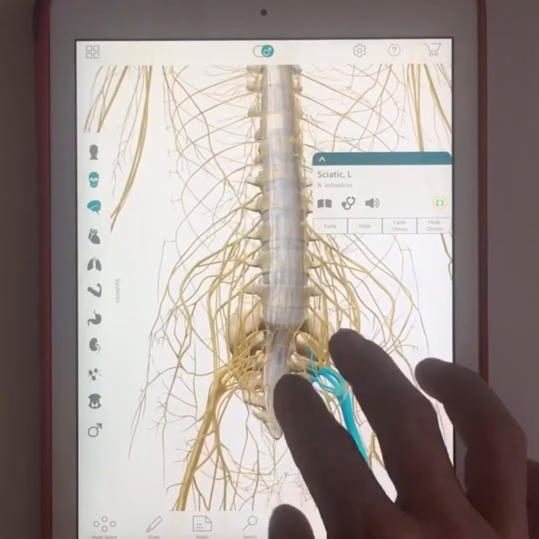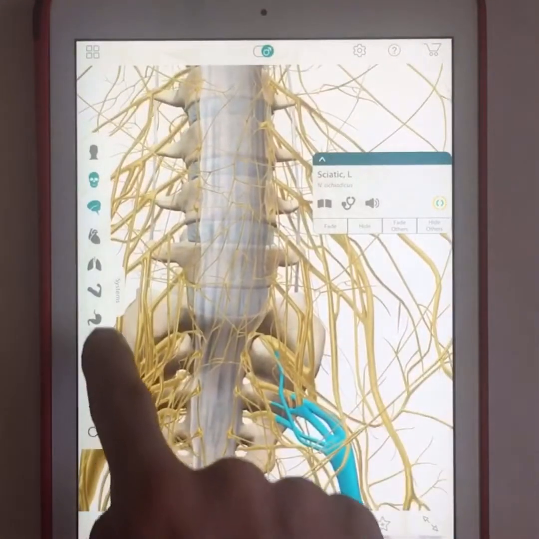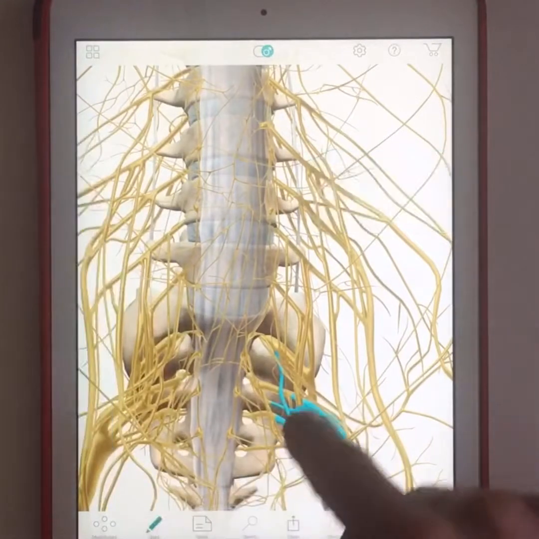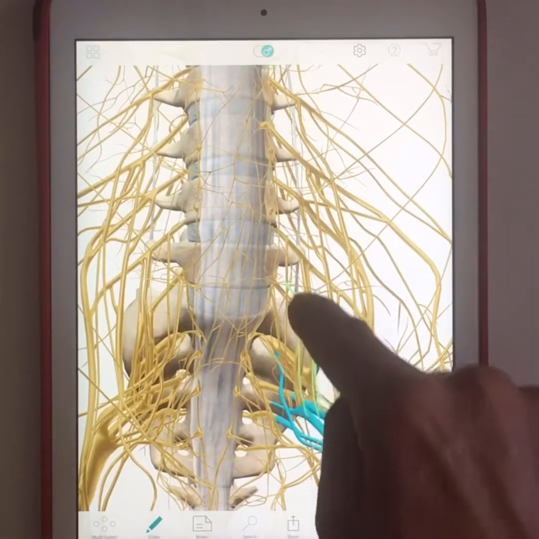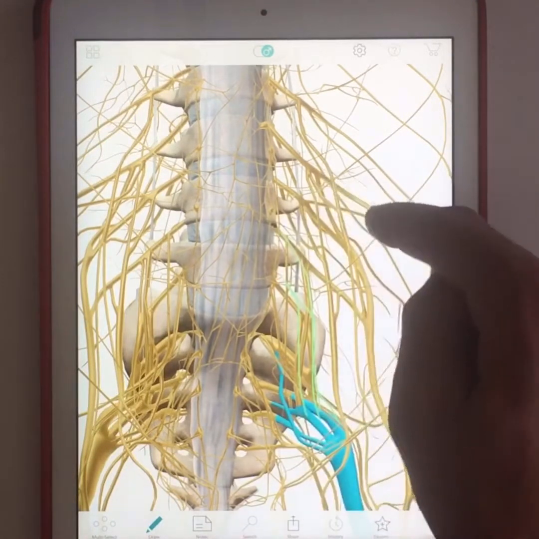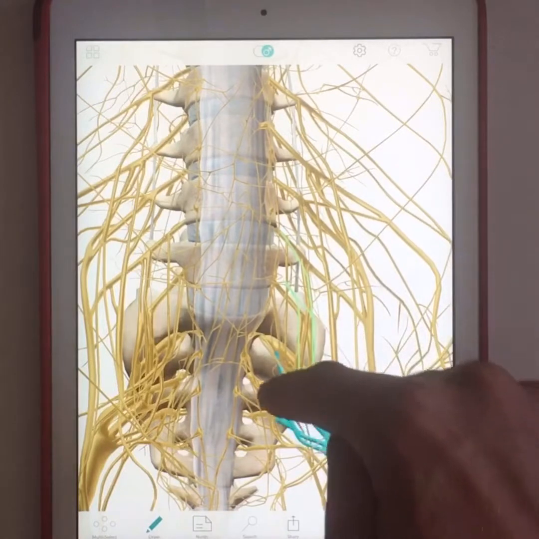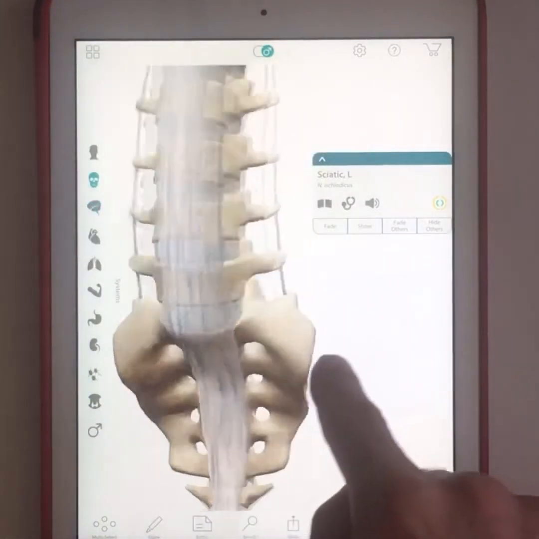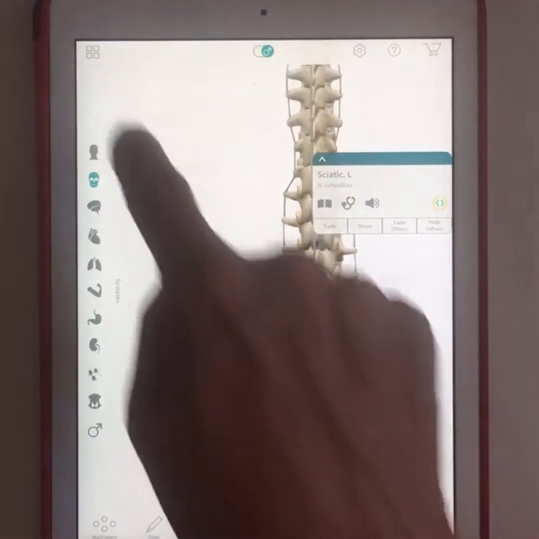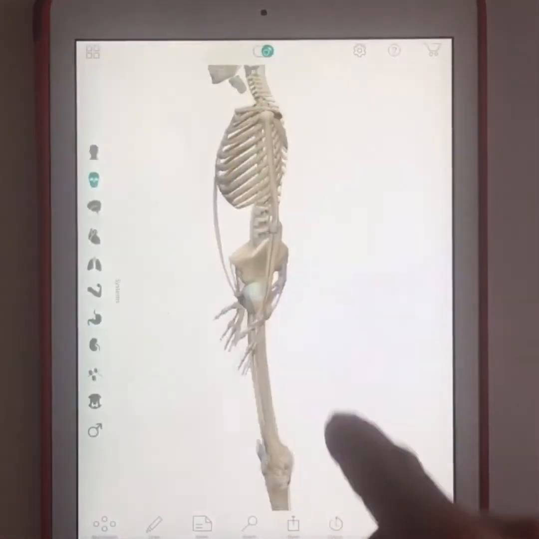We'll go into the front, and you can see the nerve kind of starts. There's all these contributions from farther up in the spine, and this affects that sciatic nerve. So turn off the nerves again. I'll get the legs back into the equation here.